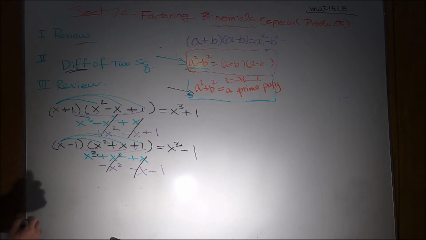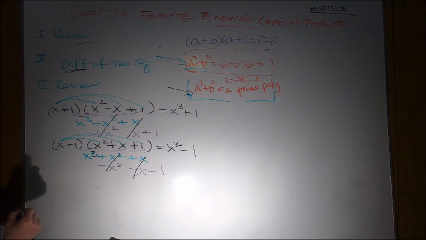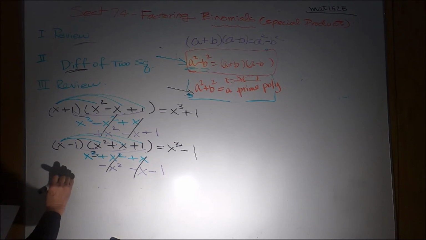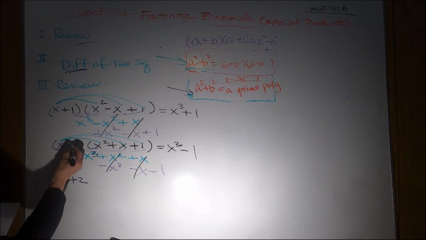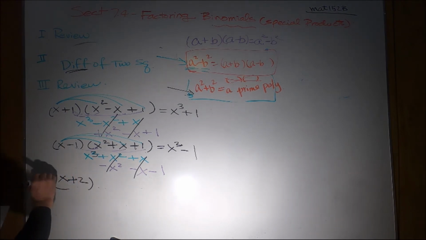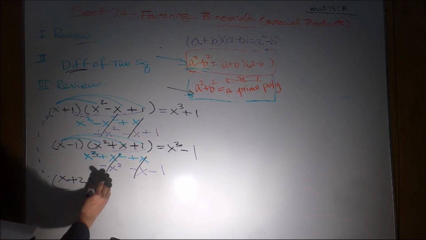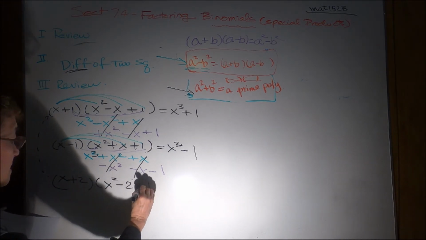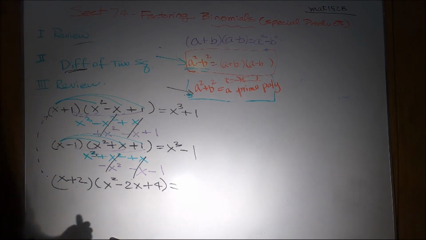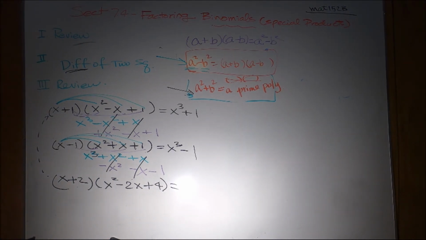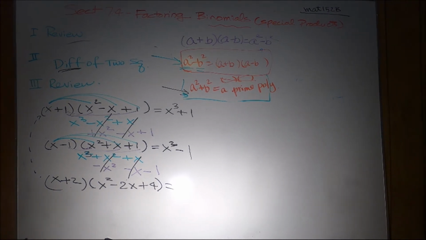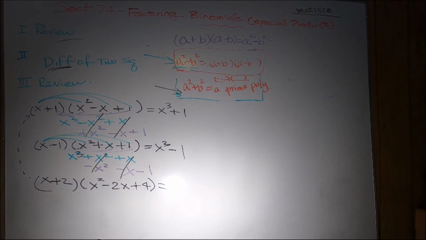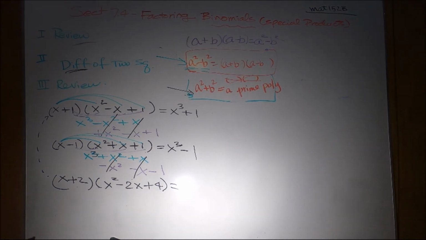So, if I have x plus 2 instead of 1, okay, so this is similar to that. Then I have x squared minus 2x plus 4. It's different now. What do I have? 2 terms times 3 terms, right? We do the same thing.